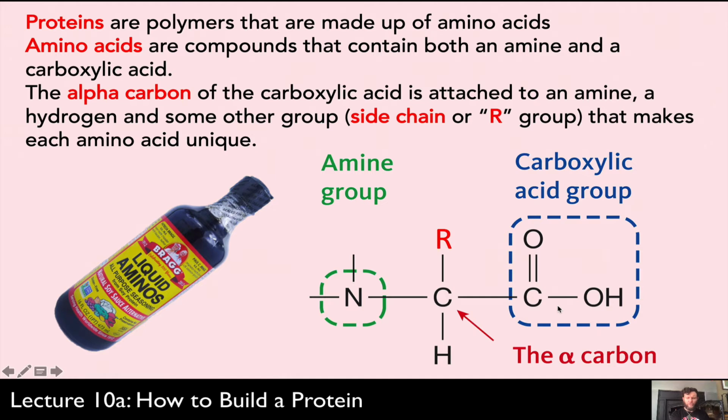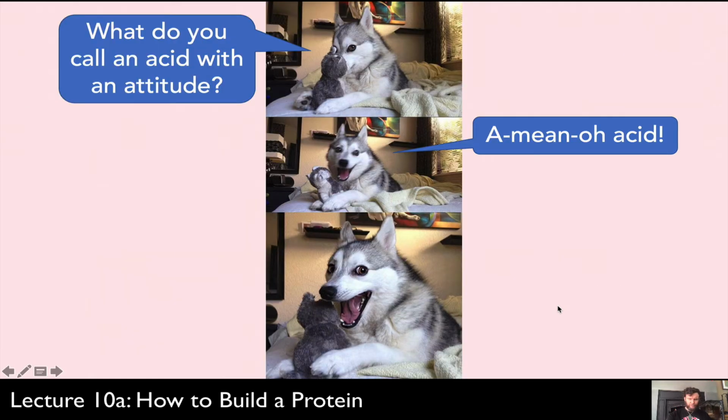There's going to be roughly 20 different side chains that we can identify that make up the proteins in our body. And this is what makes each amino acid unique. And then, of course, the carboxylic acid on the other end. So this backbone is nitrogen, alpha carbon, carboxylic acid, with different side chains.